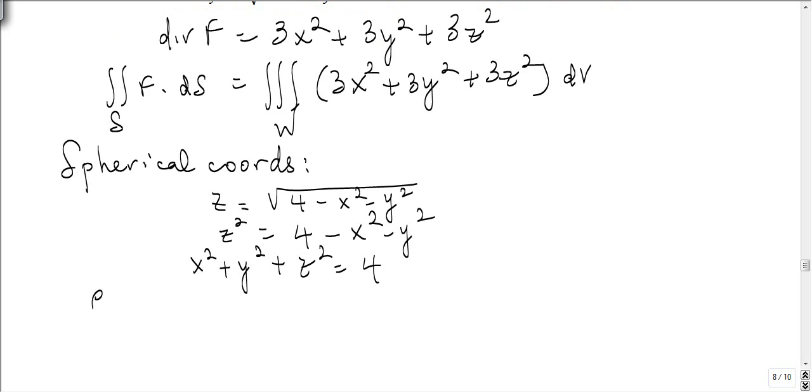What are the limits for rho? 0 to 2. What are the limits for theta? 0 to 2 pi. Hold on. Why? First octant, thank you. And similarly, what is the phi? No, we're in the first octant, so it cannot be 0 to pi. No, it's pi over 2.